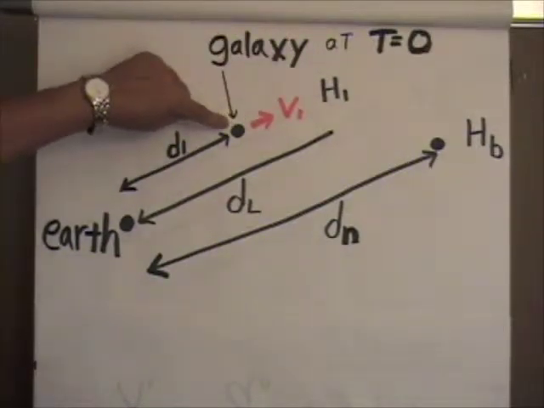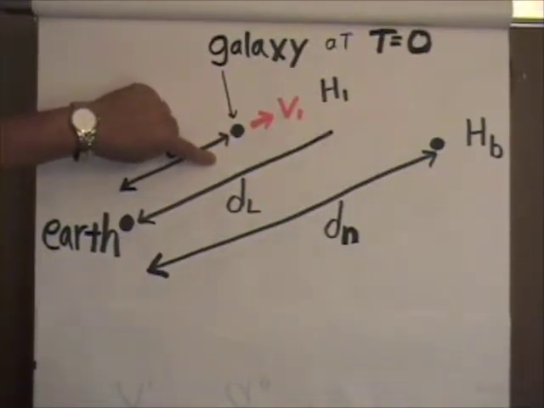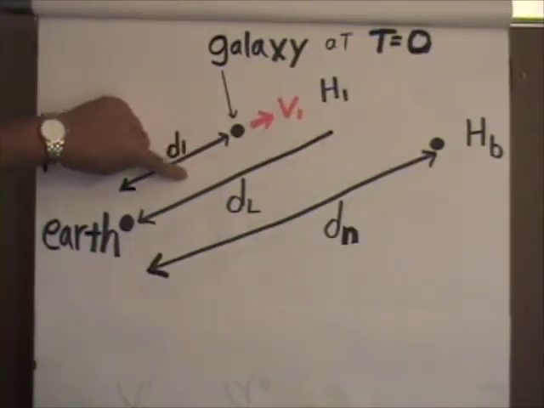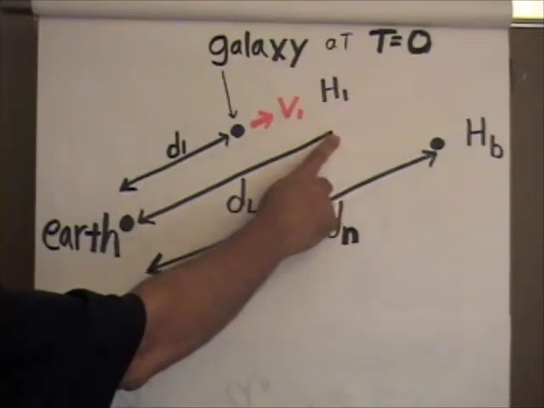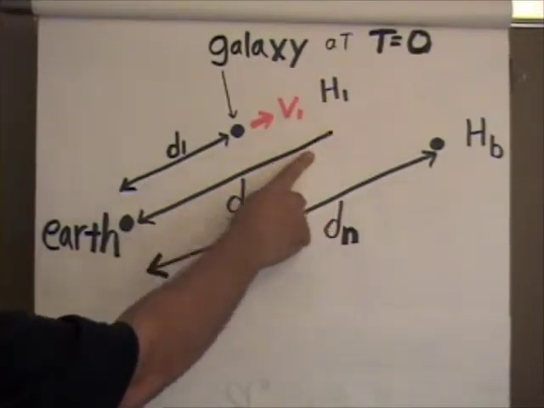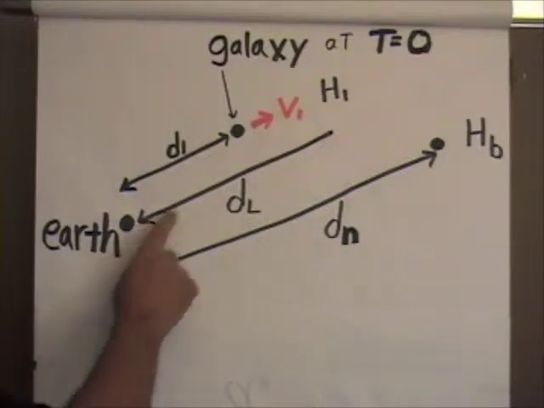Now, after the light was emitted, space continued to expand, and that means that the distance the light actually traveled ended up being longer than d1. So this is the longer arrow illustrating the distance that the light traveled.